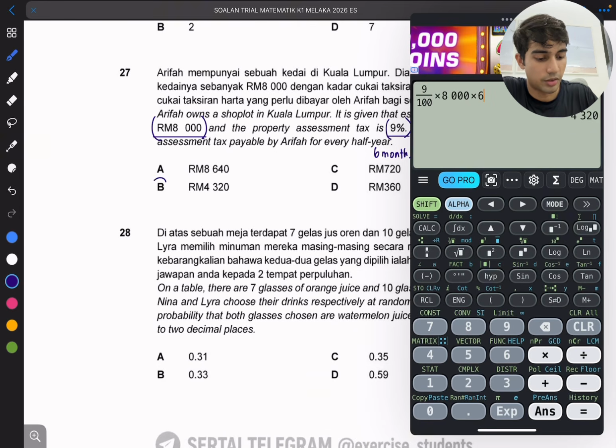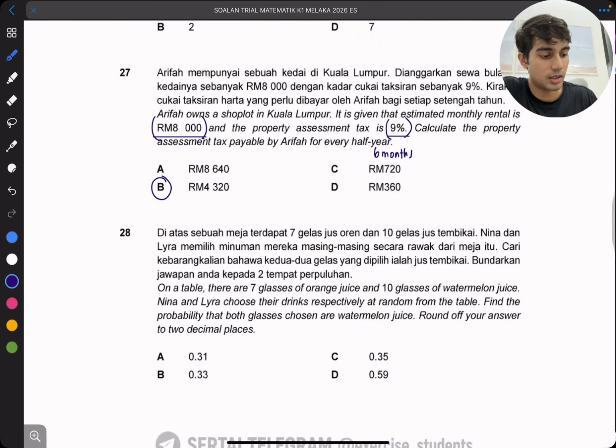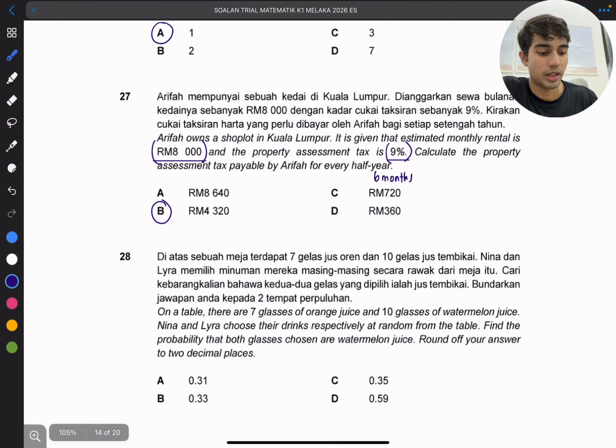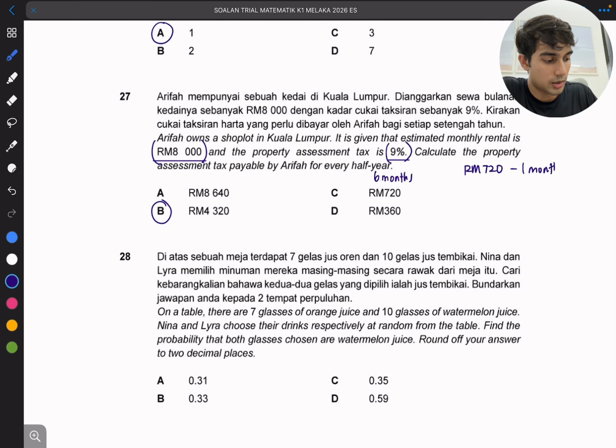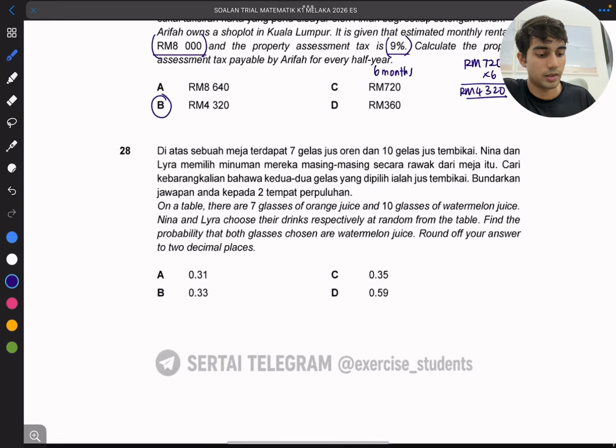So she has to pay 4,320 worth of tax every half year. So 720 for 1 month, the 9% is for 1 month. Half year means 6 months. So 720 times 6, we get 4,320. Done.